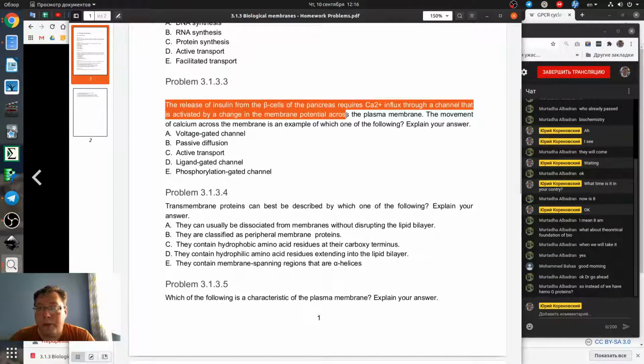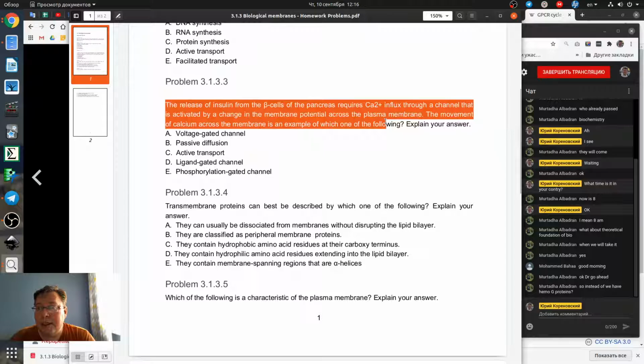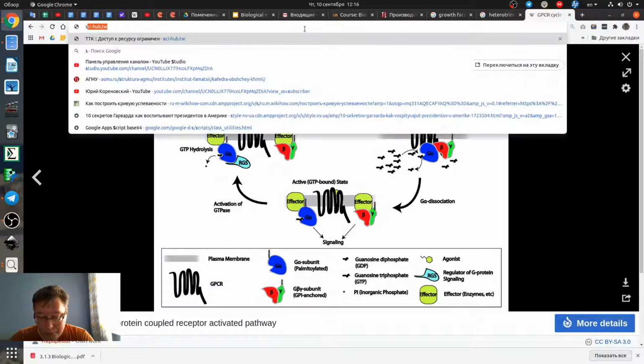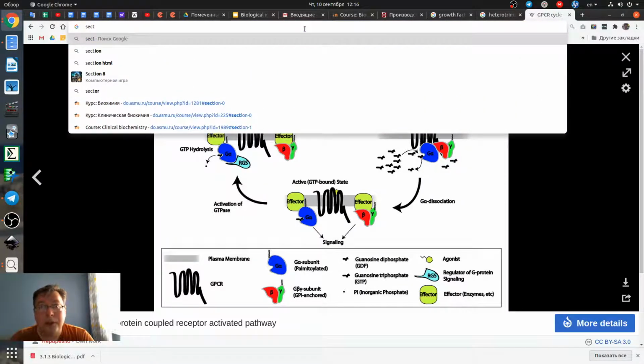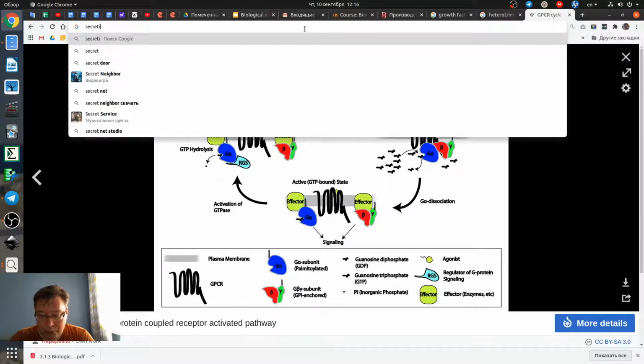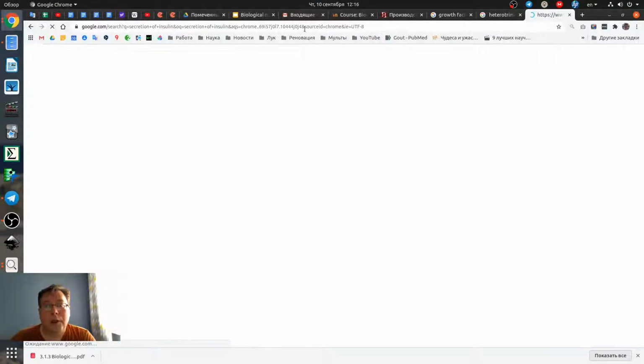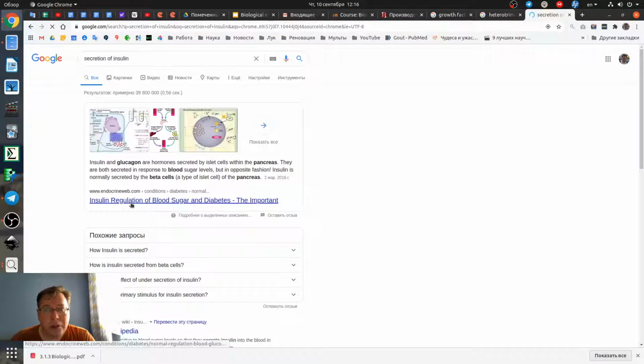The movement of calcium across the membrane is an example of which one of the following? Explain the answer. Okay, so let's look at the mechanism of secretion of insulin. Regulation of insulin.